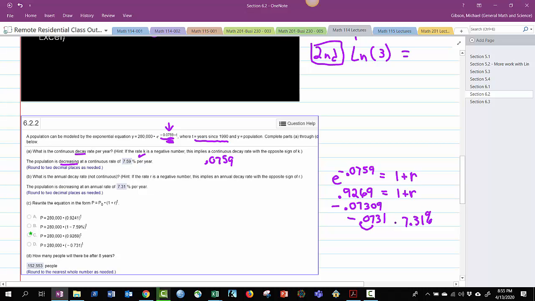Remember here it's negative, right? Let's come back over here. The population is decreasing. I've already got the decreasing built in, so we're not going to write the negative, 7.31%.